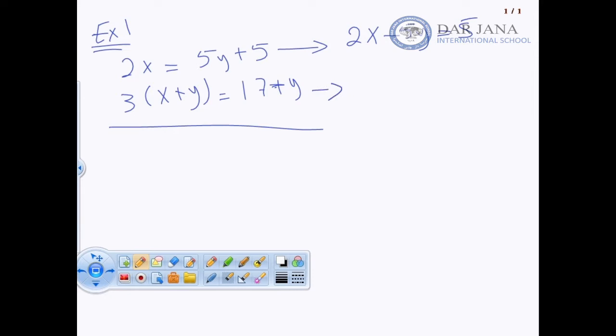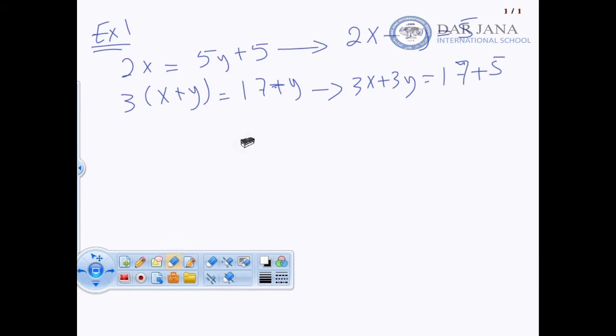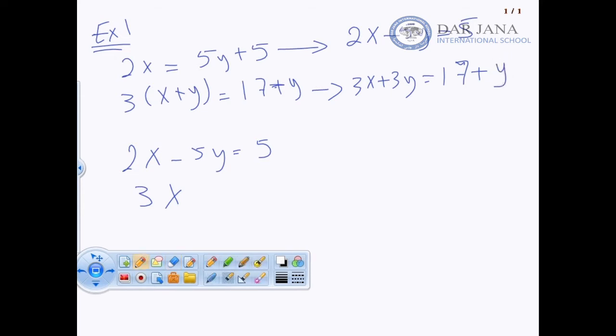For the second equation, let's use the distributive property: we have 3x plus 3y equals 17 plus y, and subtracting y from both sides, 3x plus 2y equals 17. The first equation becomes 2x minus 5y equals 5, and now the system is finally written in standard form.